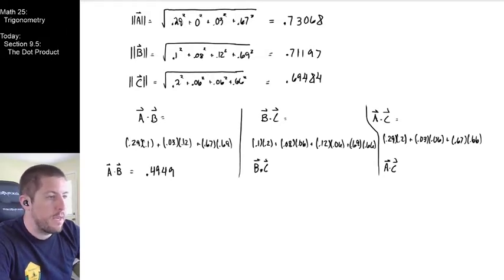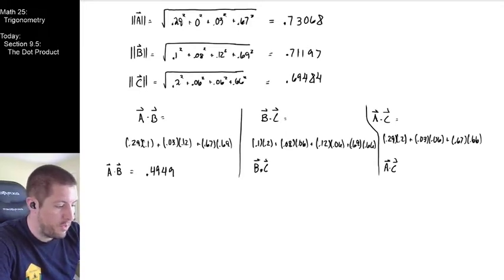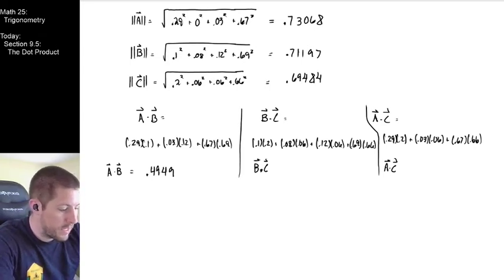All right, next up, B times C, or B dotted with C, I should say. 0.1 times 0.2 plus 0.08 times 0.06 plus 0.12 times 0.06 plus 0.69 times 0.66.